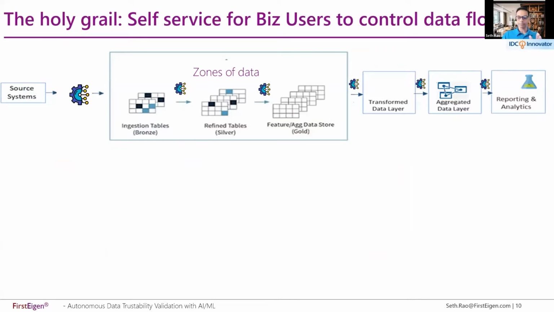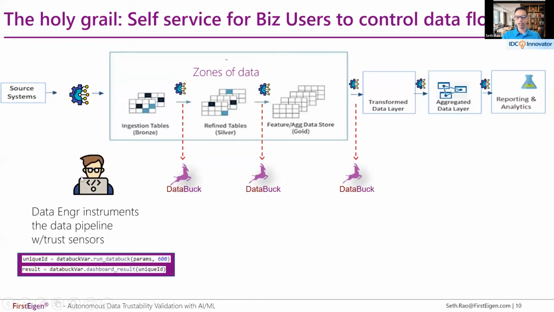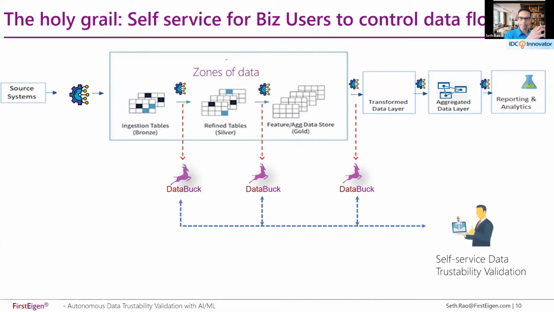And even better, the holy grail is when the data engineering team can create data trust sensors, embed them along the pipeline of the data, and those sensors communicate the results to the business user or a data steward, and they can constantly be aware of the trustability of data at every point.